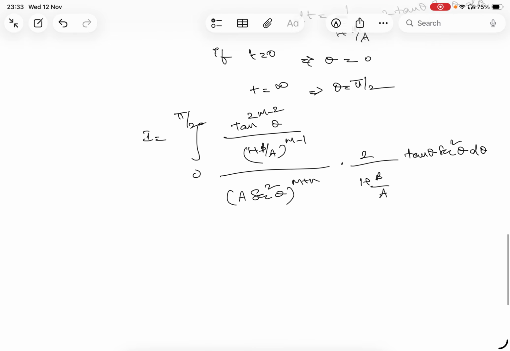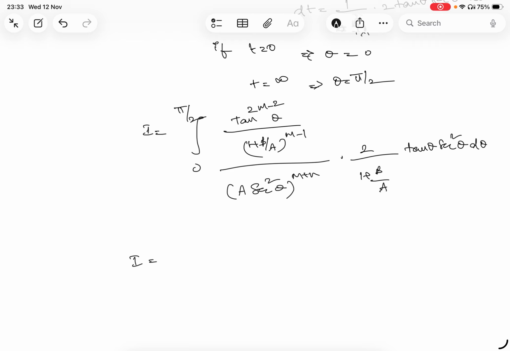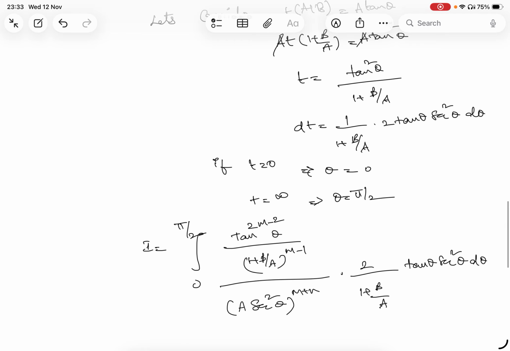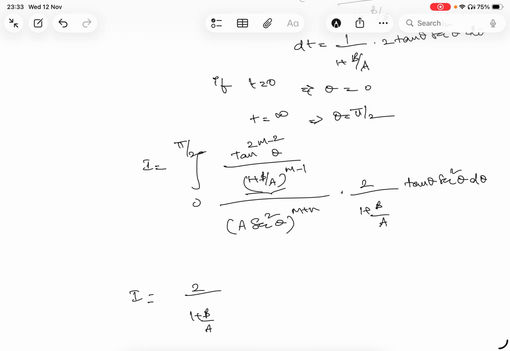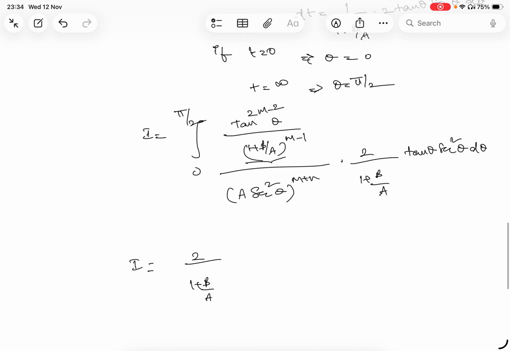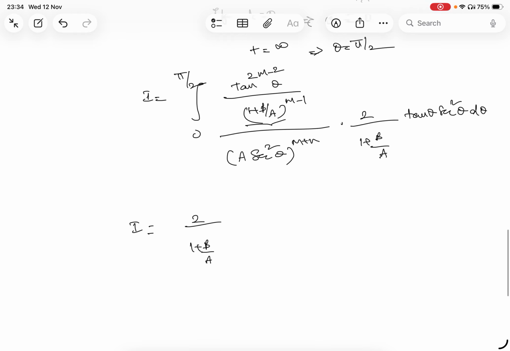Fine. Now let's simplify this. This is integral 0 to pi by 2. Before writing this, let's keep all the constants out, so it will be easier. Here it's 2 by 1 plus b by a. As you can see, this is 1 plus b by a into m minus 1 into 1 plus b by a, which is m minus 1 plus 1, which will be 1 plus b by a whole power m, right?